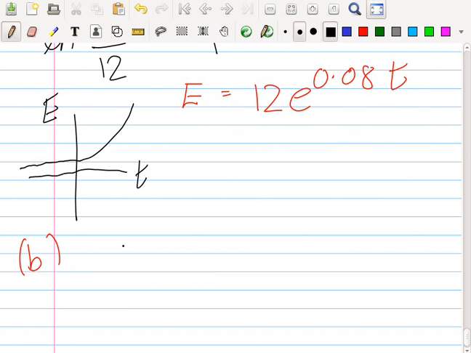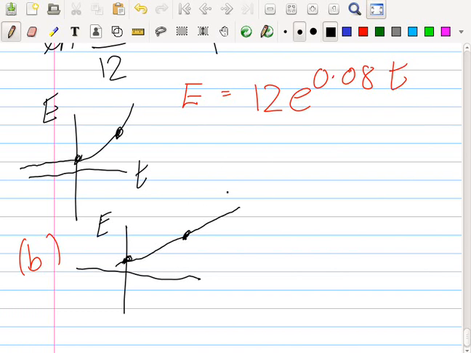In part B, they say, model the energy growth as if it was linear. So what really is happening here is you have 2 points, just like before, but this time, instead of drawing a curve like we did here, we assume that the growth will be like a straight line.